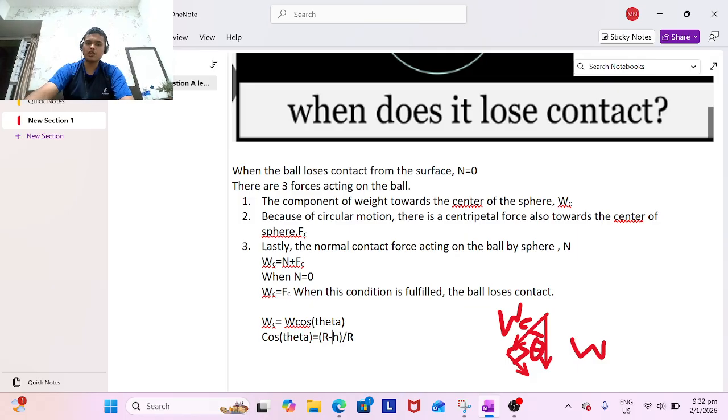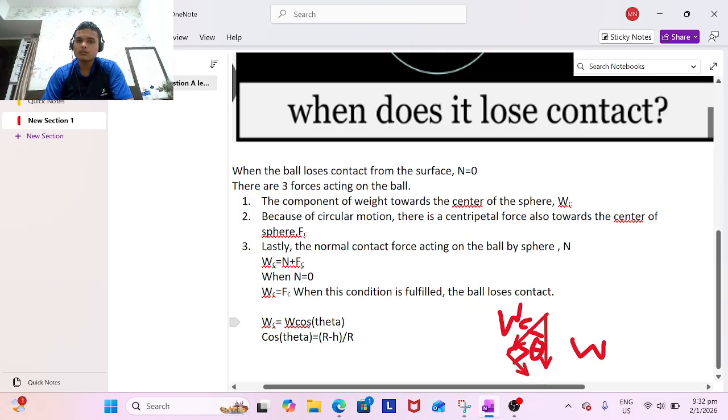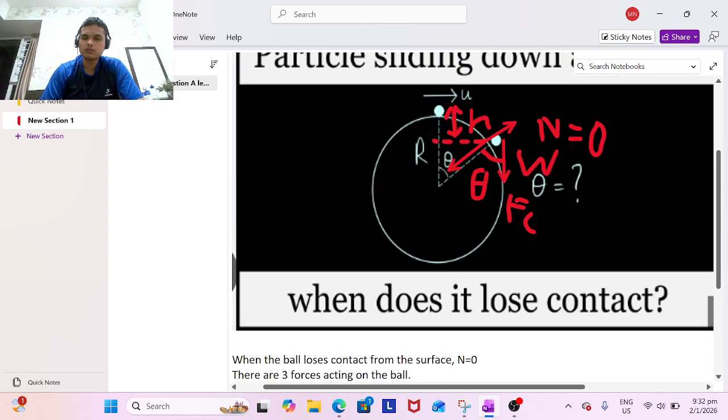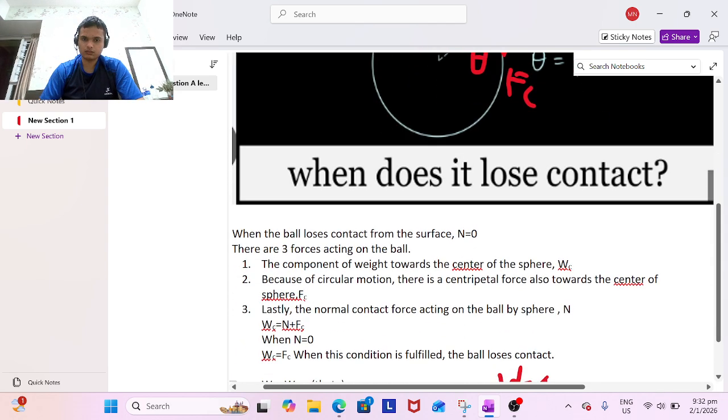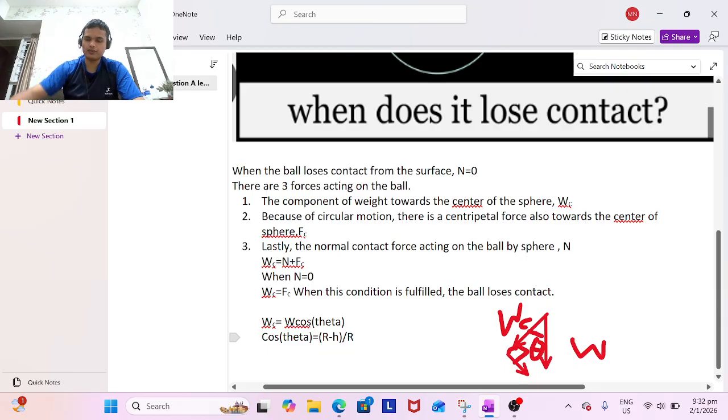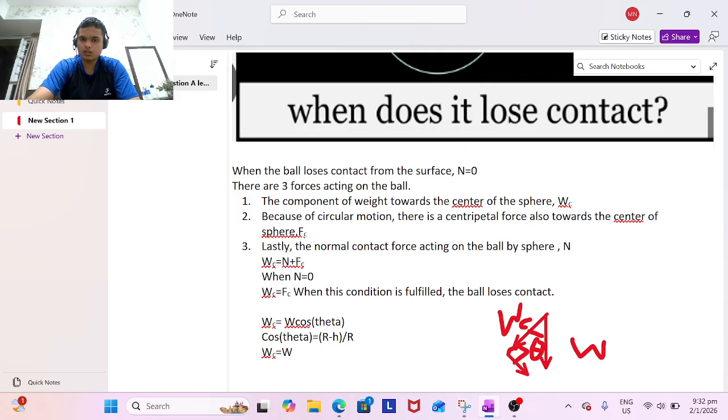So r minus h by r. So if you rewrite the first equation, WC is equal to W times (R minus H) divided by R.